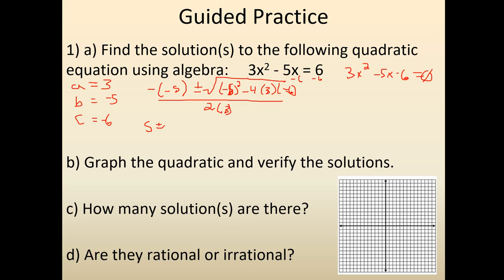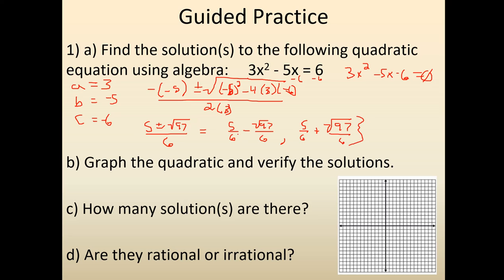When I plug everything in underneath this radical, I end up getting a 97. And then down here I get a 6. 97 is not a perfect square, and I can't really do anything with it. So my solutions will be 5 over 6 minus radical 97 over 6, and 5 over 6 plus radical 97 over 6.